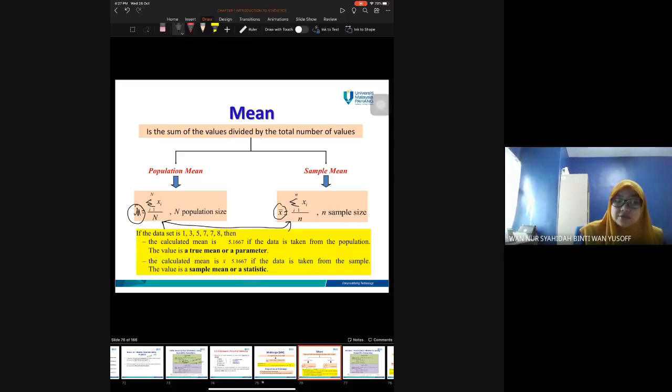So how do we distinguish? It is based on the notation used. That's why I said, build the habit with the notation. If the value that we calculate has a notation, then write the notation.